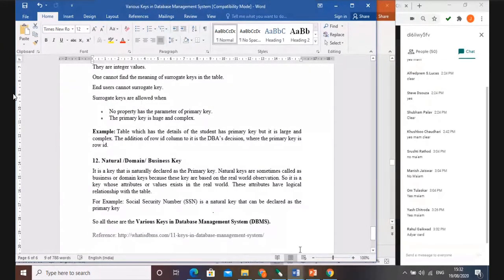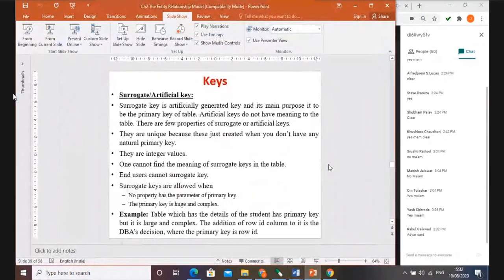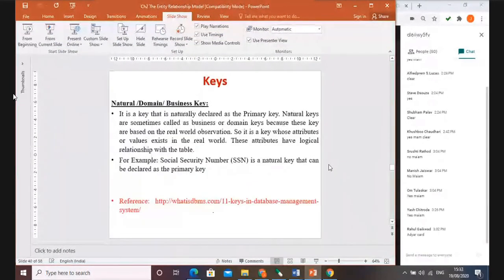Here we have finished with the key part. Any doubt in any key that any student is having? Students, if you are having any doubt in the key part, please let me know, or at least tell me if you are clear.